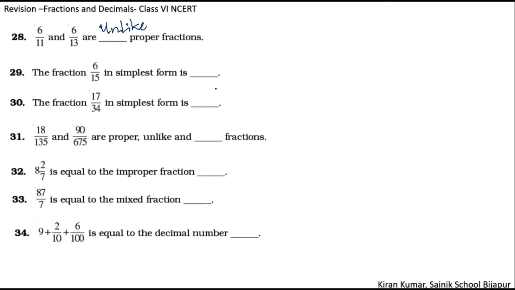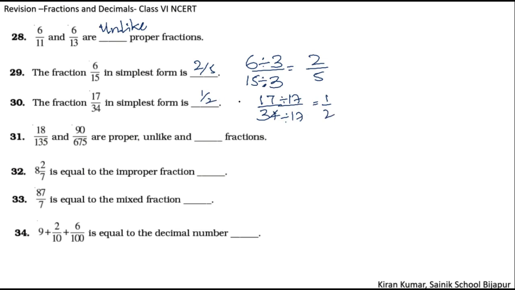The fraction 6 by 15 in the simplest form is, if I consider 6 divided by 3 and 15 divided by 3, both are divisible by 3, so it becomes 2 by 5. 17 by 34 in the simplest form is, 17 as well as 34 are divisible by 17. When I divide, I get 1 upon 2. 18 by 135, 90 by 675 are proper, unlike, and dash fractions.